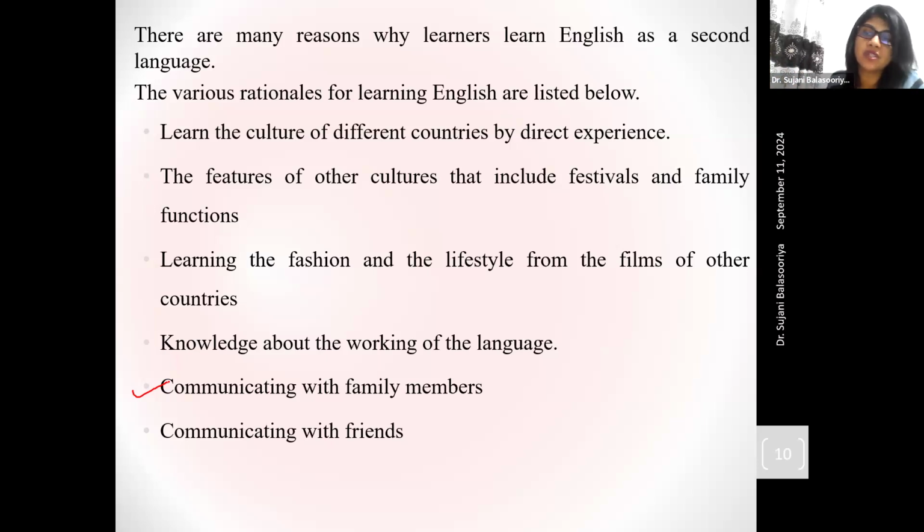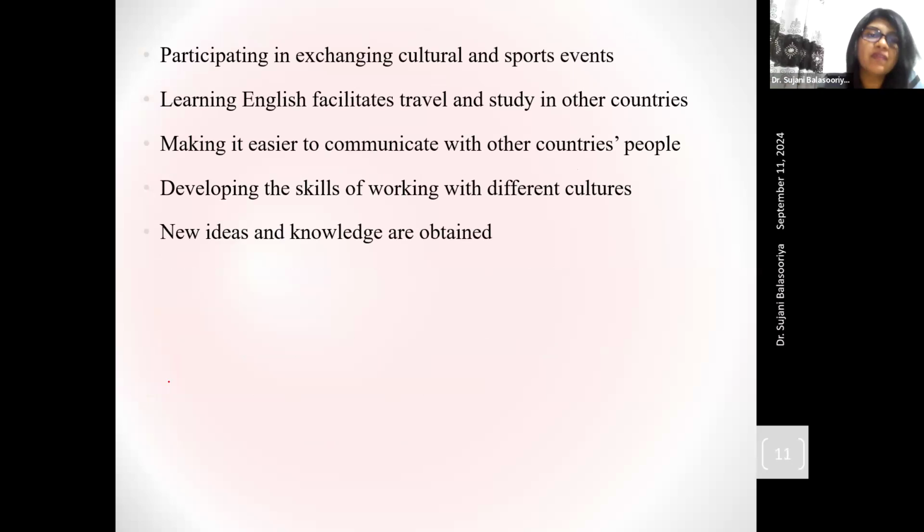So in such a situation, this point is valid. And communicating with friends, the same logic we can apply. Right now, these rationales may not be quite general. I don't think that everybody has this kind of reason for learning English, but these are some reasons that we can find.